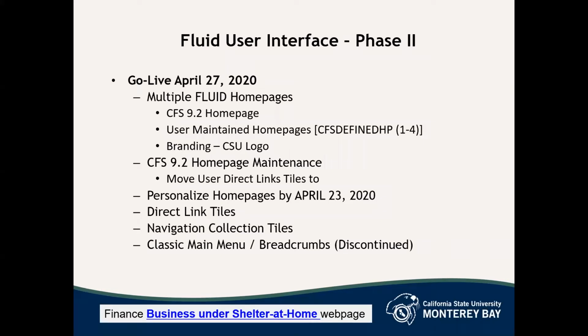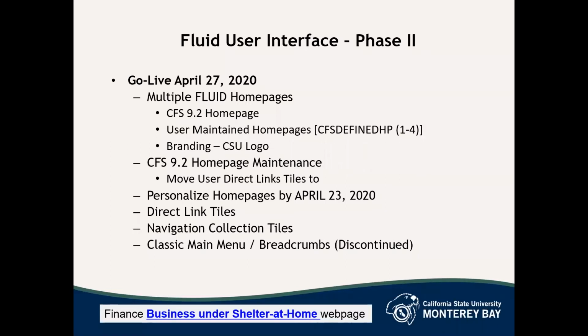For the CFS 9.2 homepage maintenance, we're going to have to move all of our user direct link tiles to the personalized homepages by April 23rd, 2020. Direct link tiles, the navigation collection tiles, and the classic main menu are going to be discontinued.